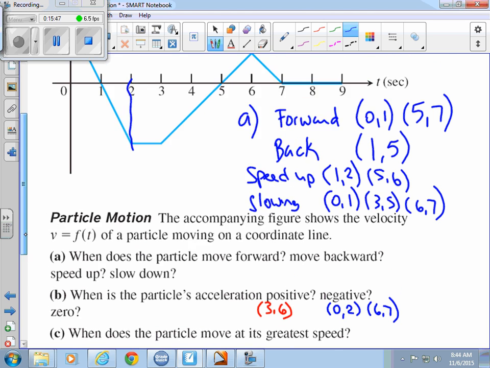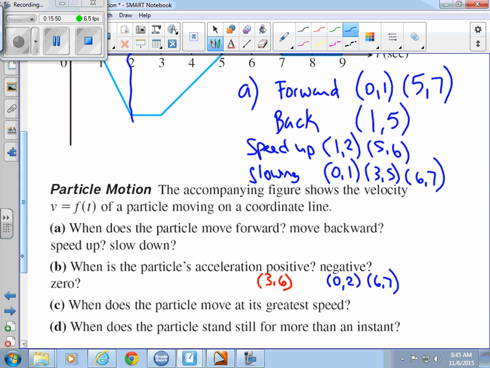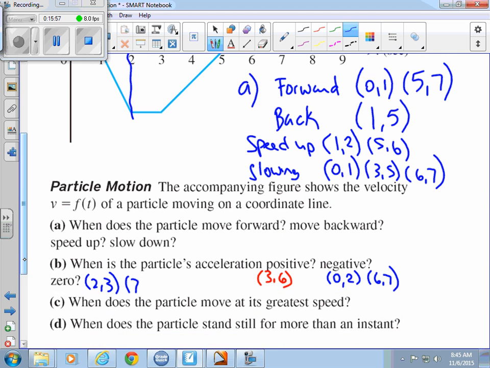And 0 from 2 to 3 and from 7 on. Did I have to draw a sign chart to get that answer? No, I drew one because of something else I was doing, but remember I'm just looking at one sign at a time, and it's negative and 0.